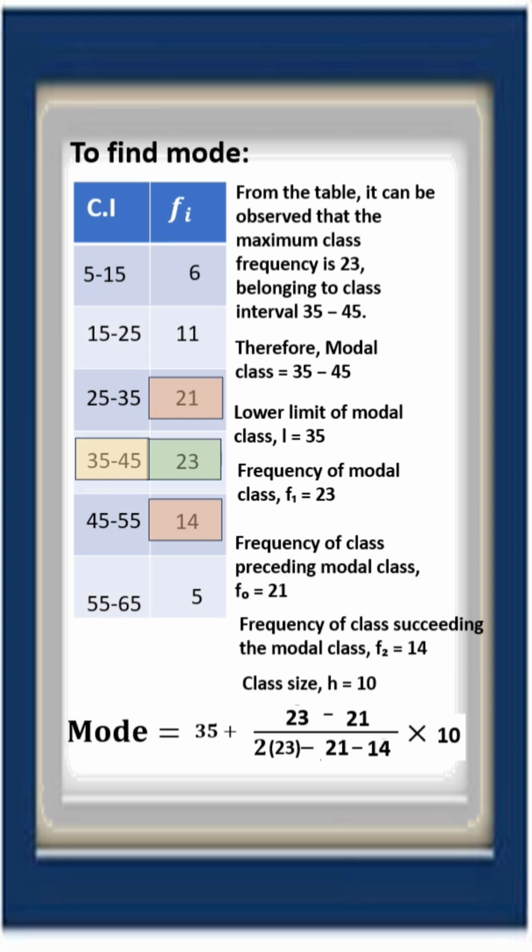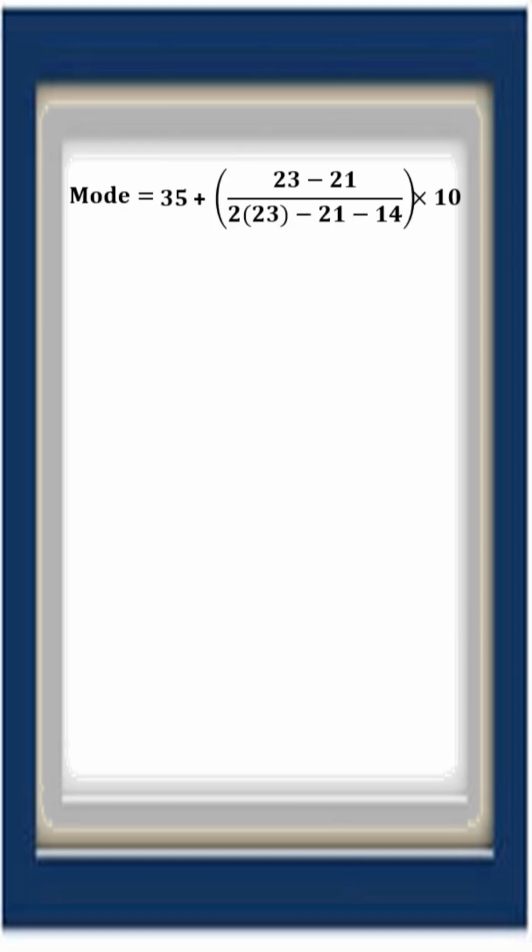Now we have substituted all the values correctly. Now we have mode is equal to 35 plus (23 minus 21) upon (2 into 23 minus 21 minus 14) into 10. Now let us simplify.